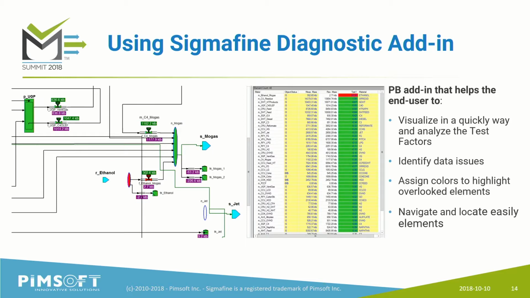For example, here we have a window with the names of the meters, and we can identify with colors which elements have problems. In this way, we can see these values in a window and also in our model. We can also navigate and locate easily between the elements.